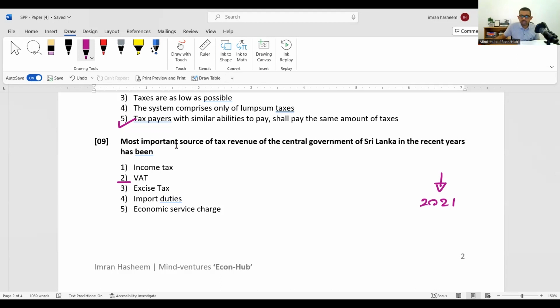Right? 2021, it's income tax, is it? We have to go with the 2021 value. That's what I'm asking. Shall we check this quickly?